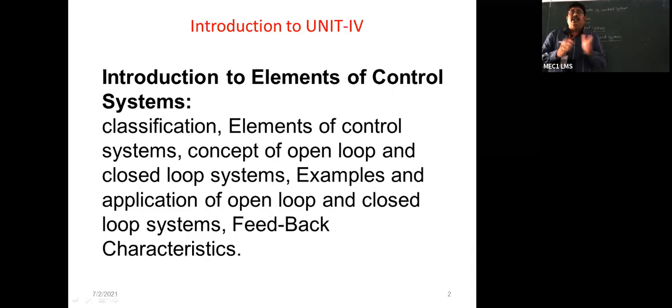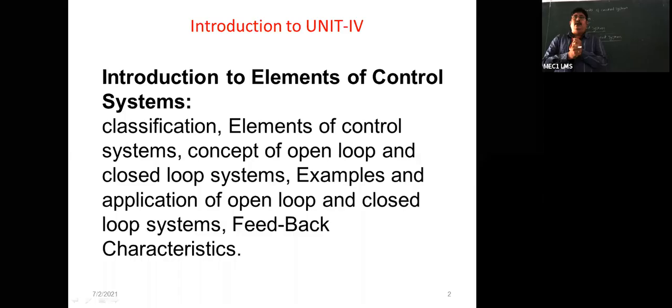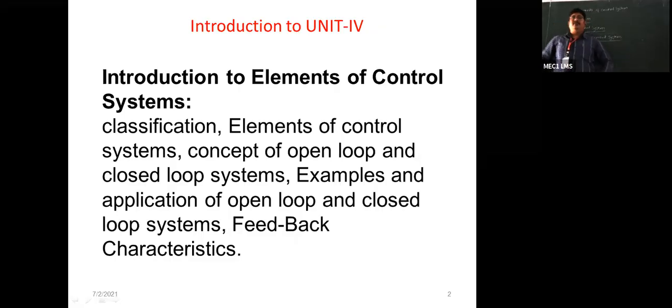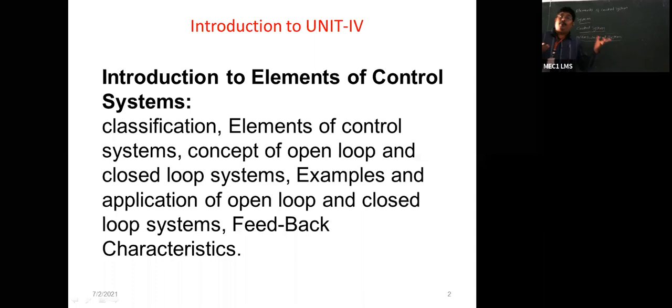In the control system, we can set the output according to our desired output, maybe manually or automatically. This control system may work automatically, without human involvement, and we can control the system.